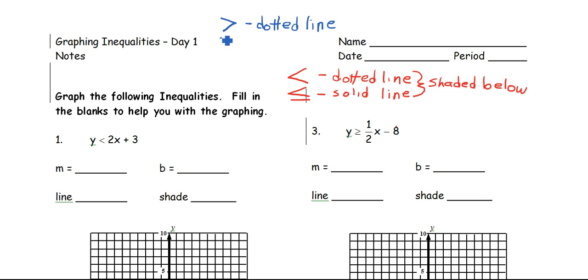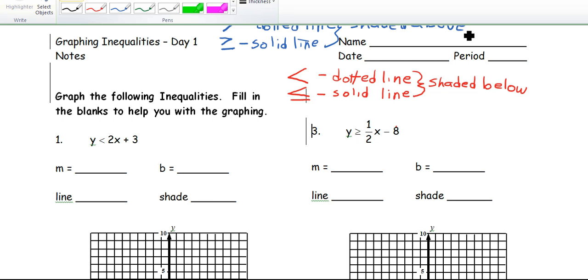If I have a greater than or equal to, this is a solid line. And both of these are shaded above. And I think as we look at some examples, you'll find that it'll become a little clearer.